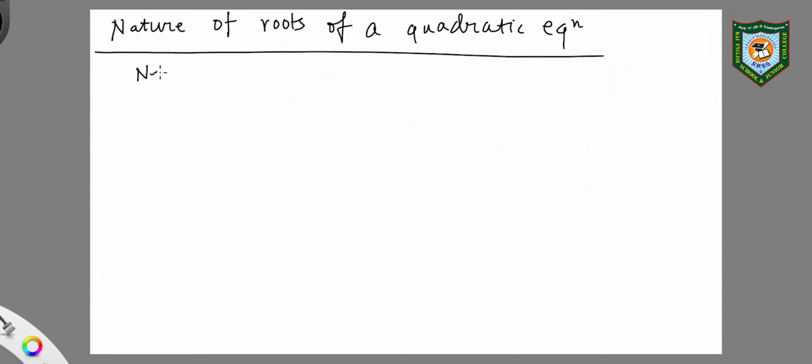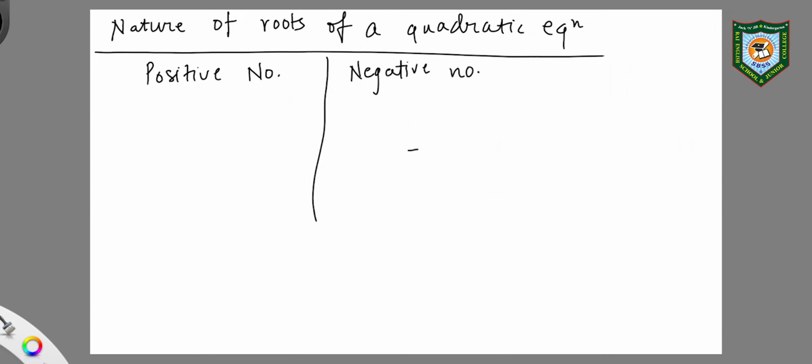I'll be taking a positive number first. Here I have a positive number. Here I have a negative number. And here we'll be seeing the square of the number.